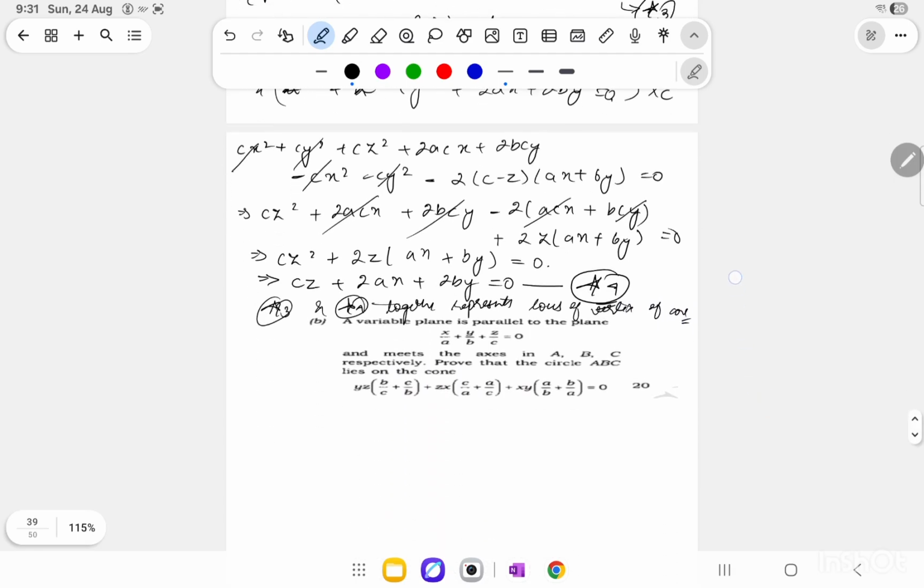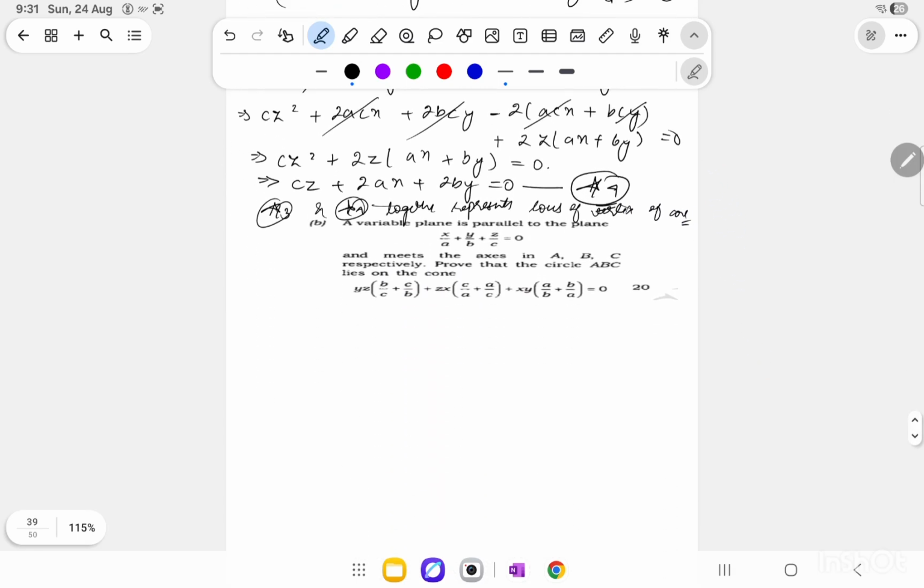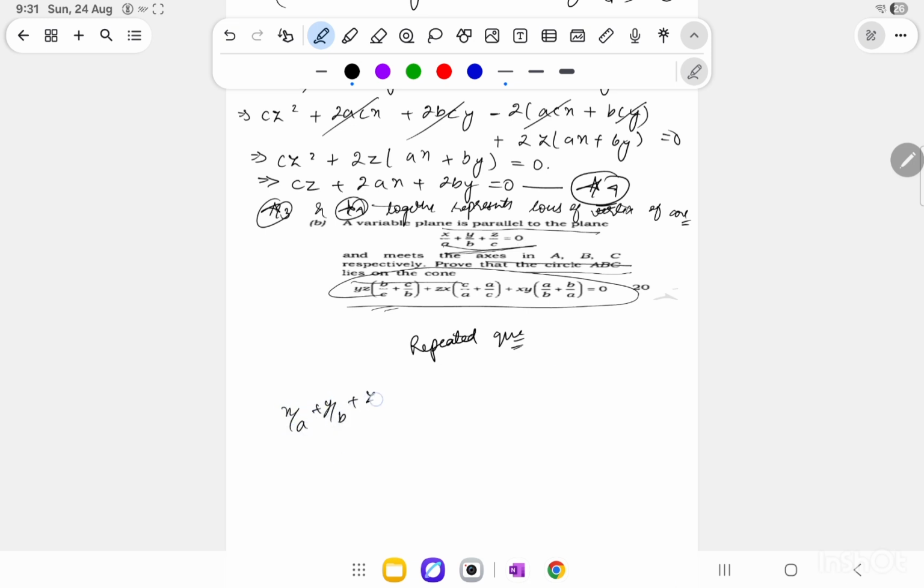So let's move on to the next question. The next question says that a variable plane is parallel to this plane and meets the axis in A, B and C respectively. Prove that the circle ABC lies on this cone. So this is basically a repeated question, because we can assume any plane parallel to this as x by a plus y by b plus z by c equals k.